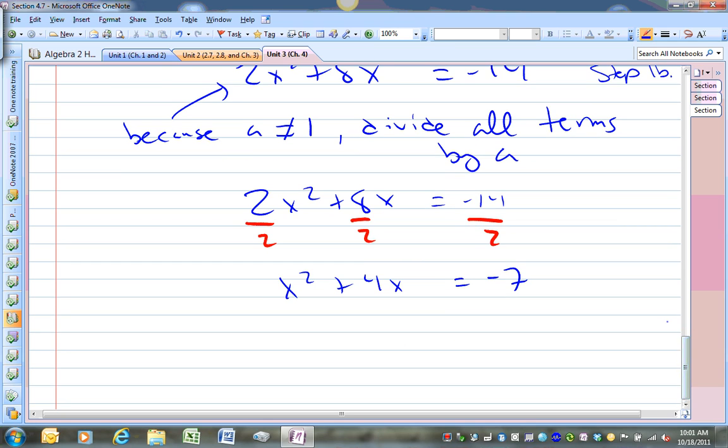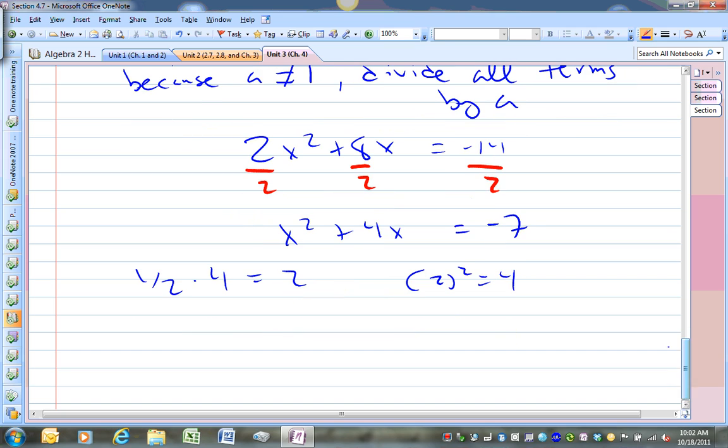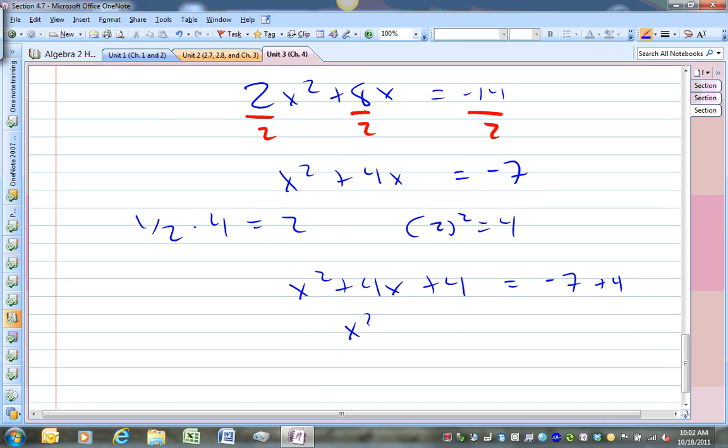Then we do step 2. We take half of b, square it, and add to both sides. So we have this. So that was step 2.